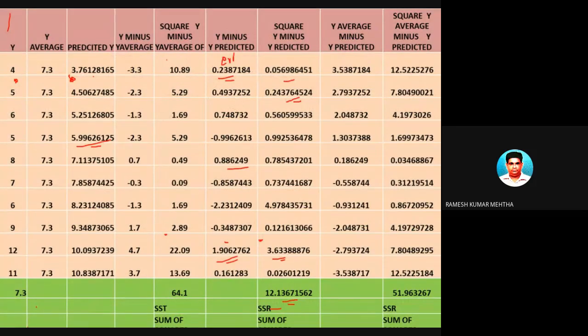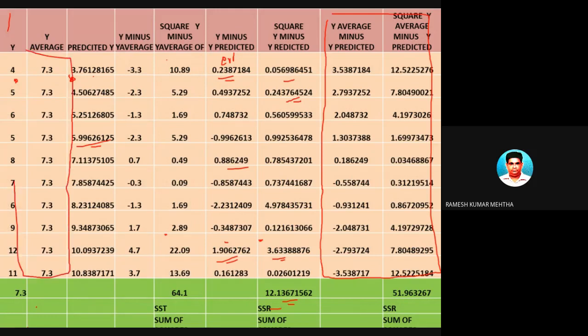So what is the formula? First, these are the two tables which you have to prepare in the given table. So y average minus y predicted. So it is 7.3 minus 3.76 will give you this figure.